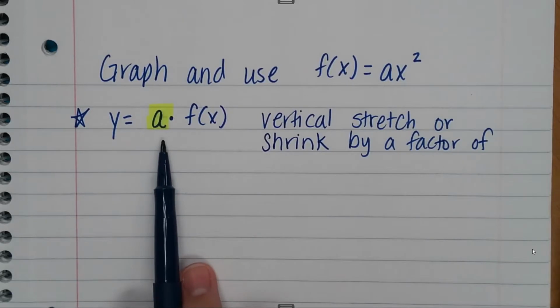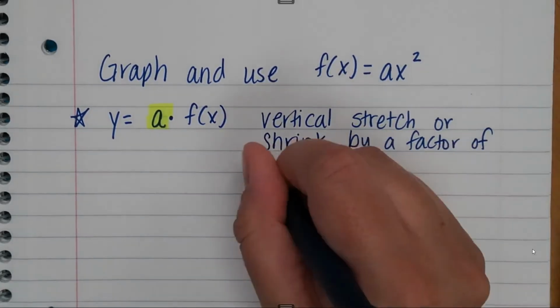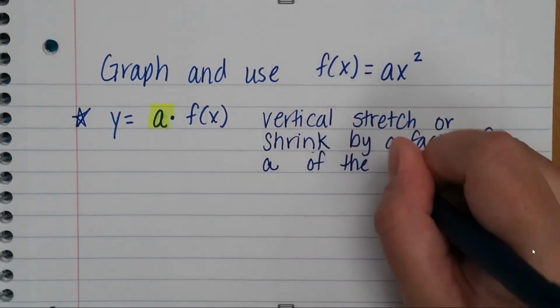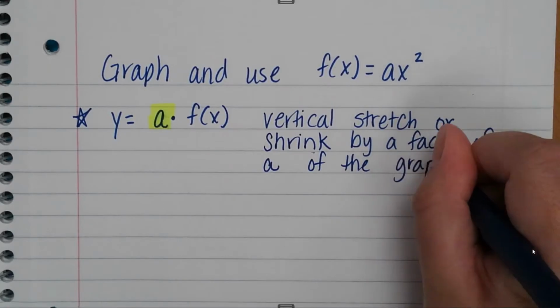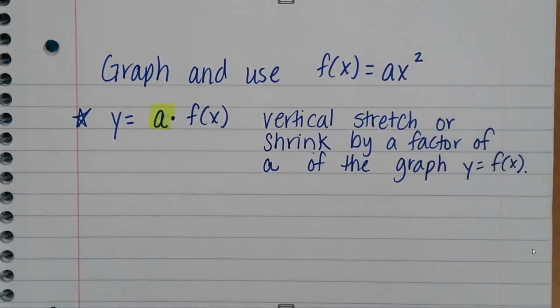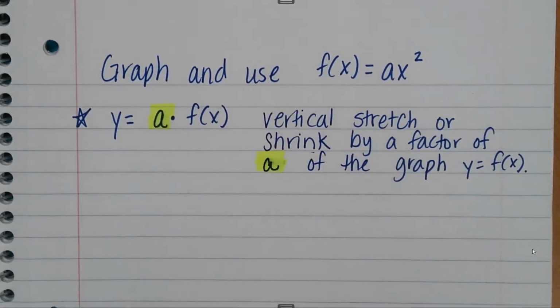And a is going to determine if it's a vertical stretch or a shrink by a factor of a of the graph y equals f of x. So I'm going to highlight a. So that's our leading coefficient, okay?